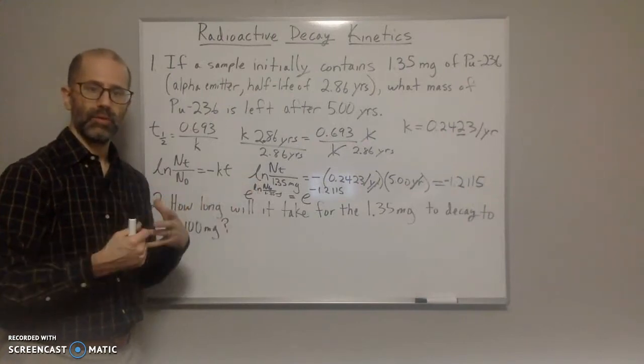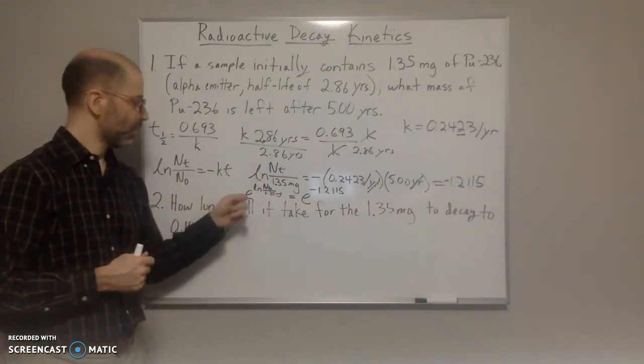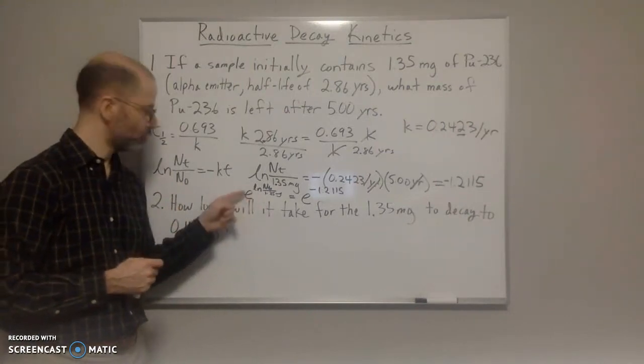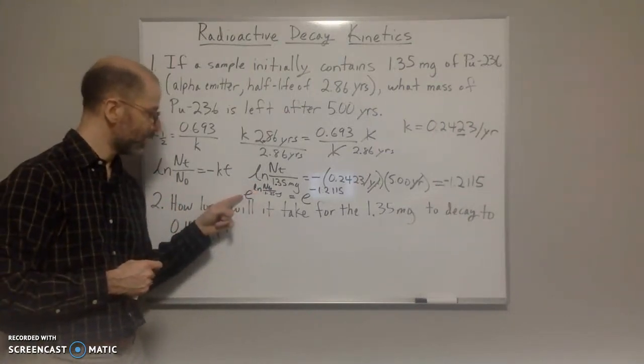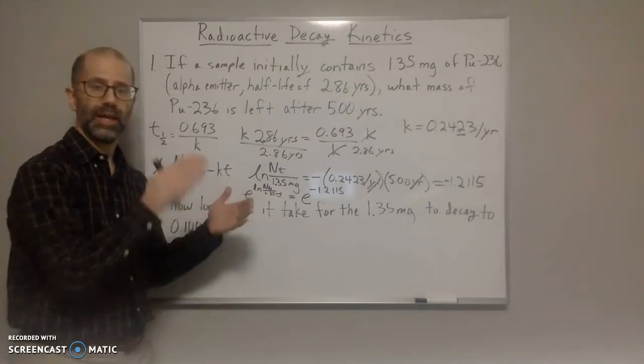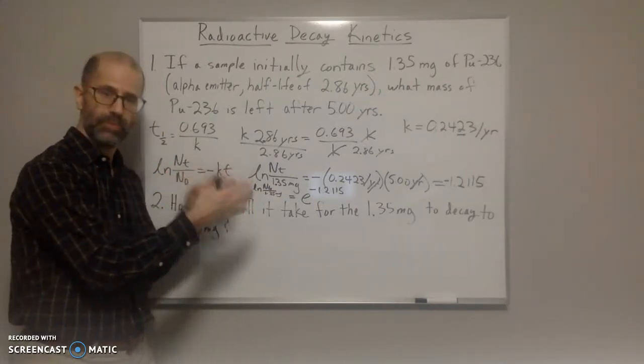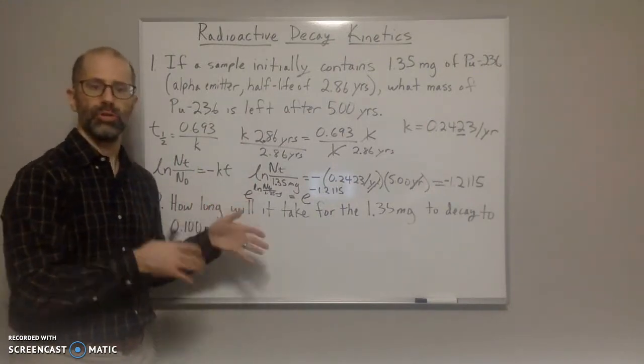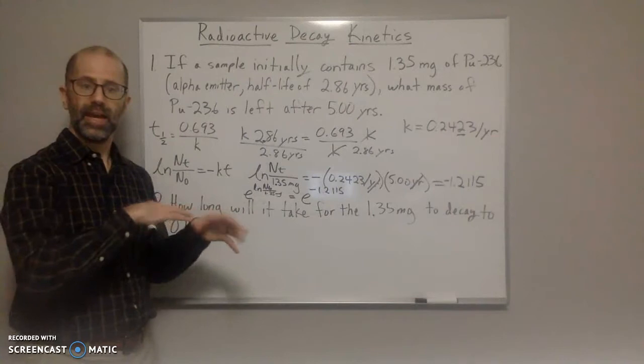It's the same thing with the log base 10. If I have log base 10, then I would raise that as a power of 10, and the log base 10 and the 10 to the power cancel each other out. It's like taking the square root of a square. They undo each other.